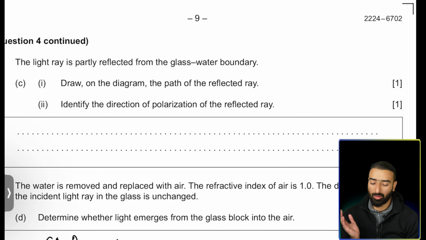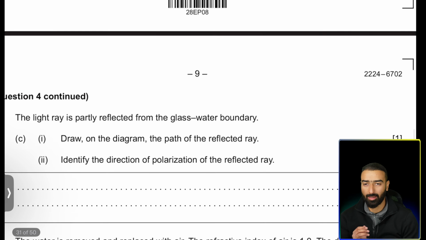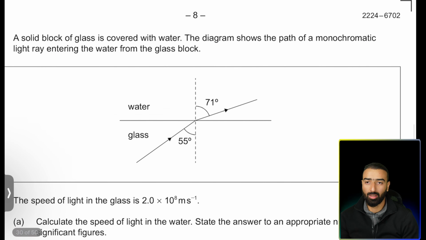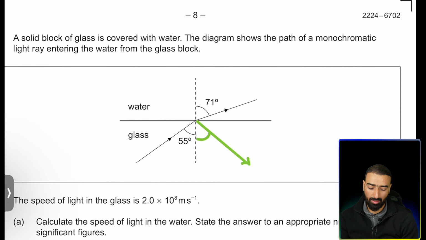The next part of the problem says: identify the direction of polarization of the reflected ray. Going back to the image, if we have a reflected ray that goes back into the glass, this angle is 55. The question wants us to figure out the direction of polarization.